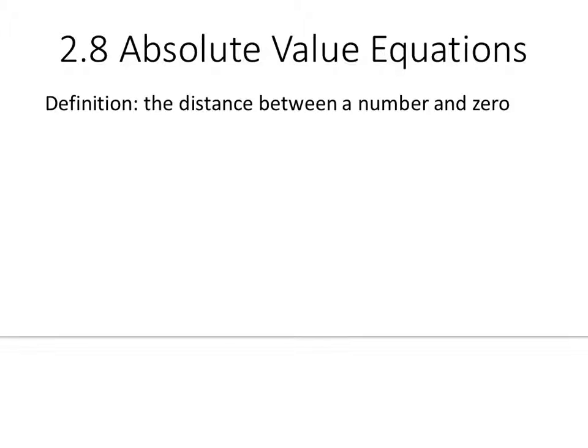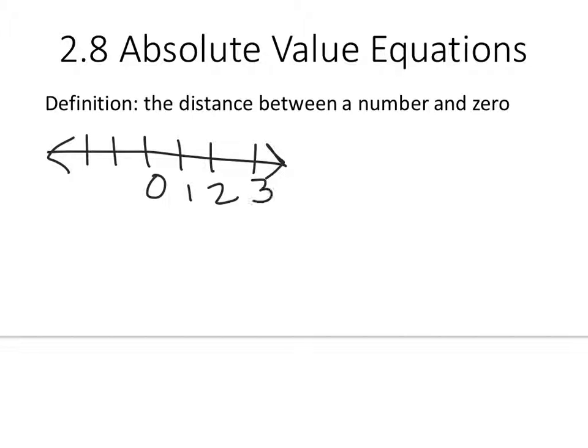Absolute value equations, the definition is a distance between a number and 0. For instance, if I had a number line here, if I'm at -2 or 2, when I look here, 2 is only 2 spots away from 0, and -2 is also 2 spots away from 0.